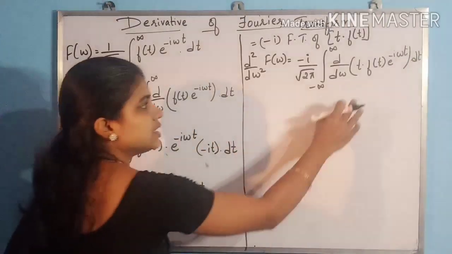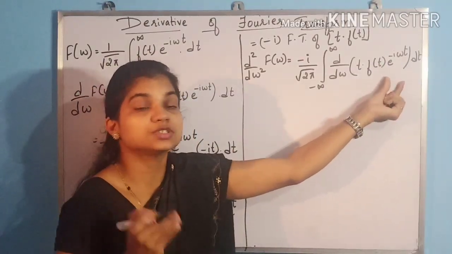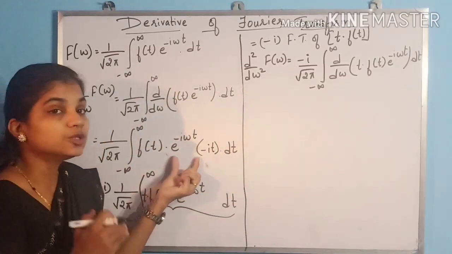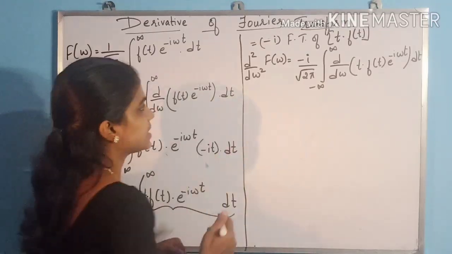So again, the t's are going to remain constant, and again we are going to differentiate only e to the power minus i omega t, so that again we are going to get e to the power minus i omega t into minus i t.